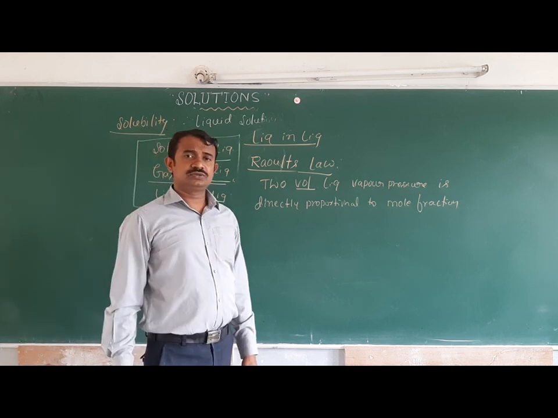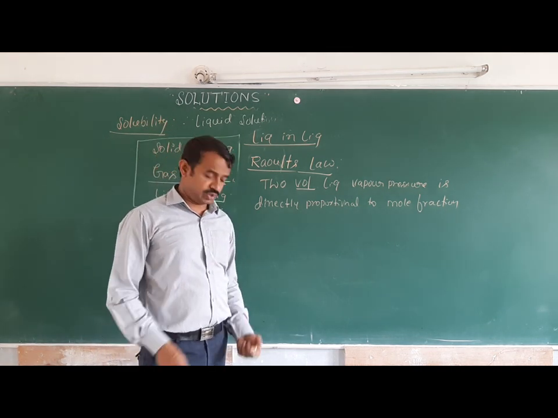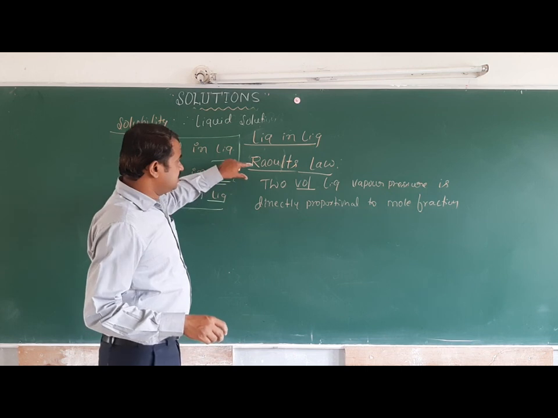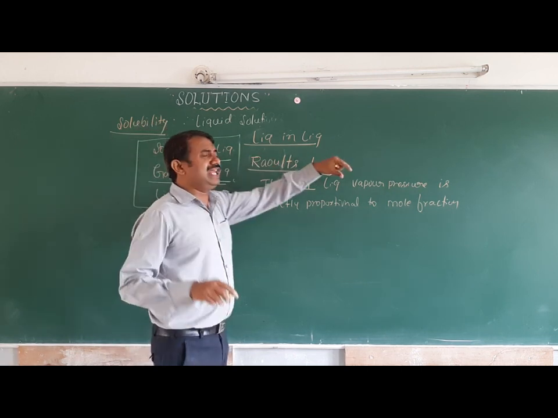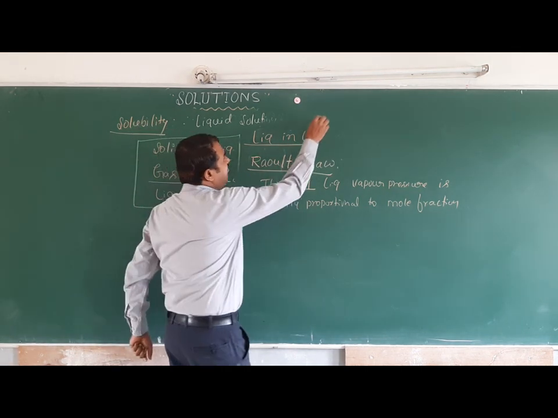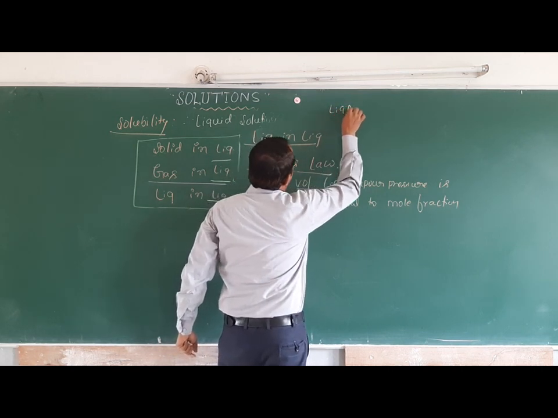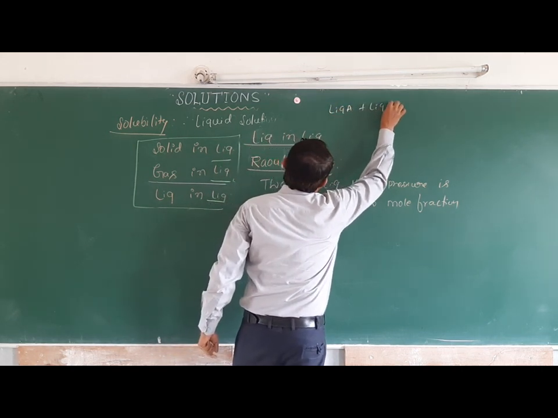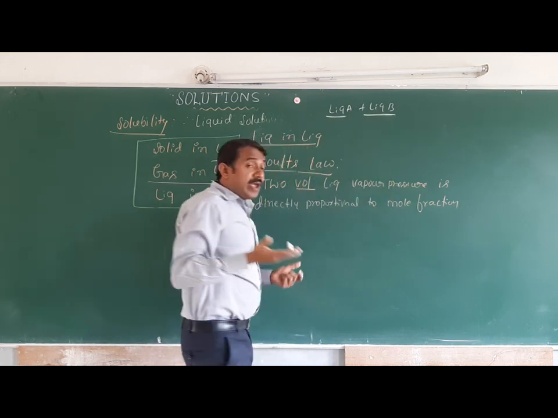That is called Raoult's law. Okay. Here what will happen? The two volatile liquids, liquid A and liquid B, both have vapor pressure.